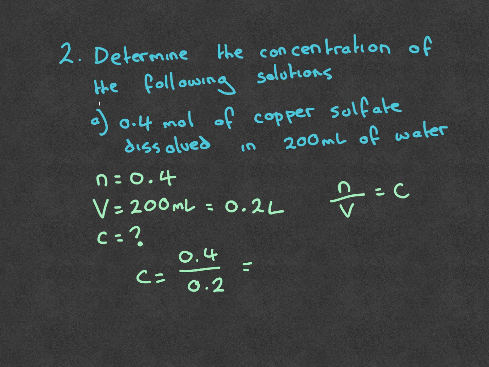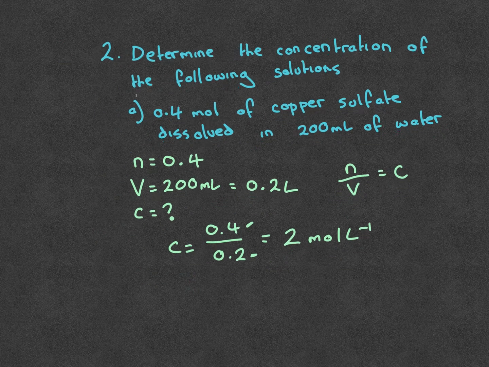So 0.4 divided by 0.2 equals 2. Some of you should have been able to do that in your heads. I should have too. So our concentration, remembering our units of concentration, is going to be moles per litre. That makes sense because our top number here was in moles and our bottom number here was in litres. So that's that one.